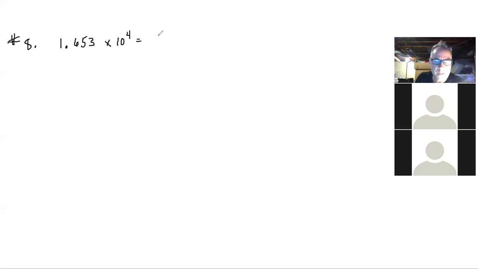This is moving that decimal place 4 times. 16530. So I went 1, 2, 3, 4. And this would have, again, by rule, that 0 is not significant. So there are 4 insignificant digits here.